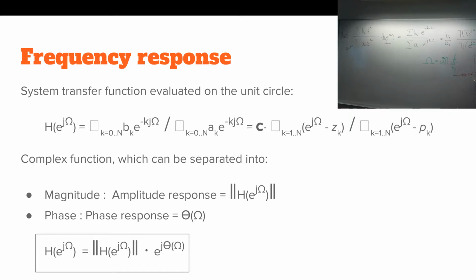And then the lower part basically is the same thing from 0 to minus fs over 2.